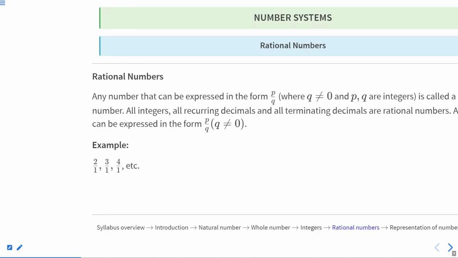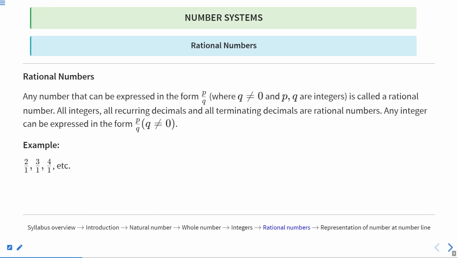Now let us move to the next type of number, rational numbers. What are rational numbers? Any number that can be expressed in the form p over q, where q does not equal 0 and p and q are integers, is called a rational number.